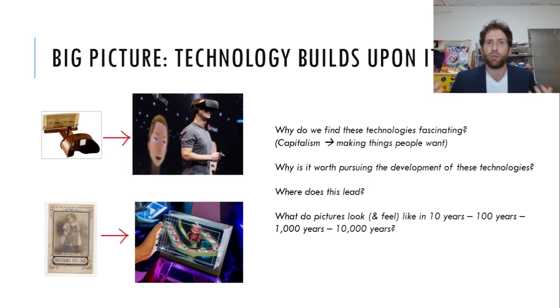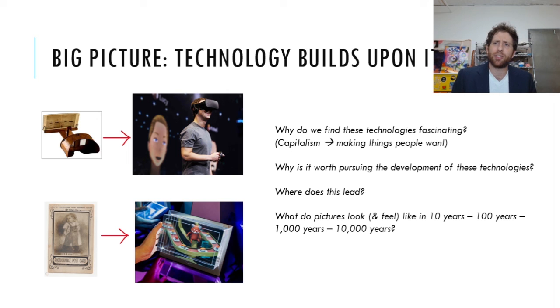There's some story about capitalism here, because these technologies are capitally driven. In other words, the types of technologies that get developed are the ones that the markets reward with money and success. So what I'm saying here is that these technologies are winning because people want them. People are willing to pay for them, and so that's why we continue to develop them.